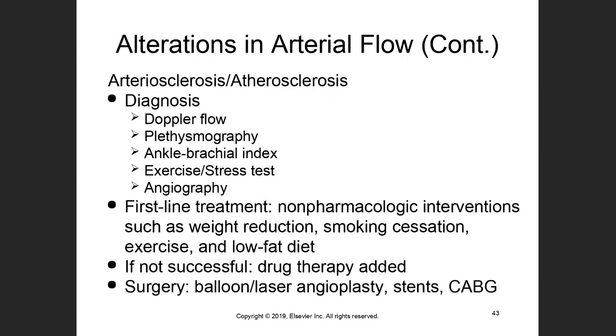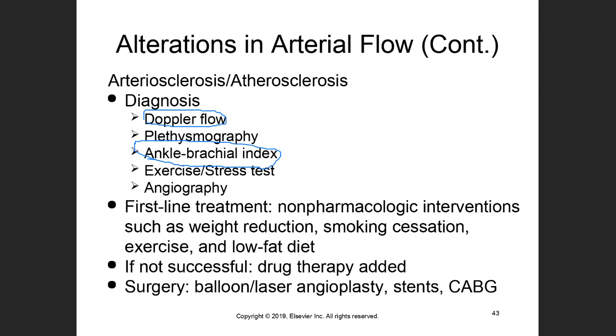Diagnosis, Doppler flow. Doppler flow is to see if there is any obstruction, especially in the veins. Plethysmography is another test. Ankle-brachial index is to see if you have a problem in the arteries. Okay.